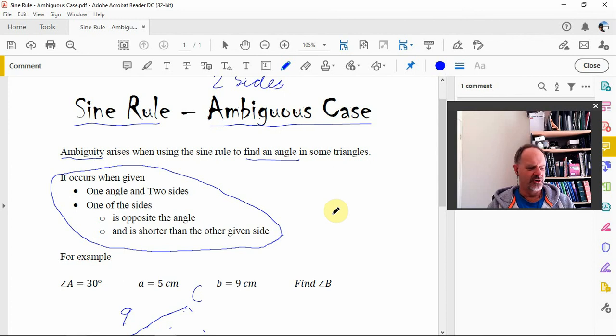So the ambiguous case, essentially, means that we're not sure what the actual geometry of the triangle is, because there are two possibilities that could fit the information we're given, and this is the property of that information.